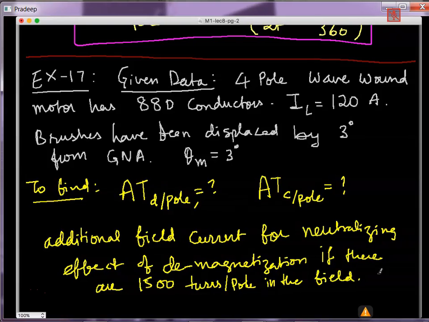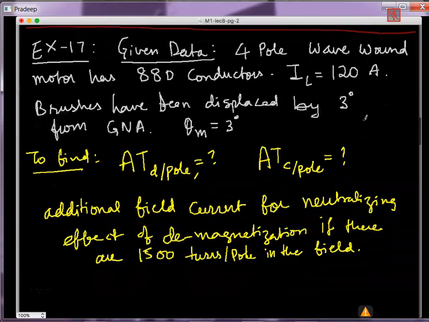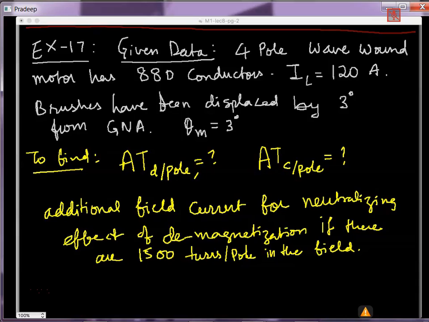So this is the entire question, as you can see on your screen. The given data is there and what you need to find out is there. This is typically the problem of armature reaction. So first, find out the I. Total load current is 120 amperes.